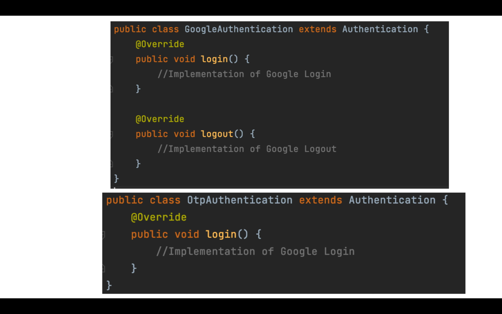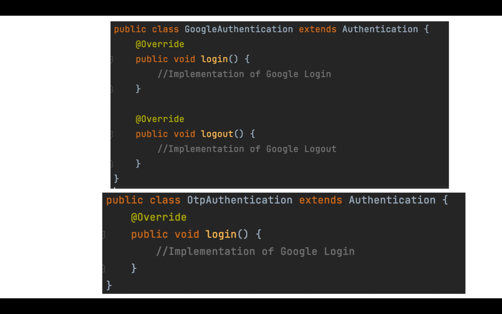In this way, let's say in future we got a requirement where we need to completely remove the Authentication class or authentication implementation and use only OTP authentication, then it's also easier.